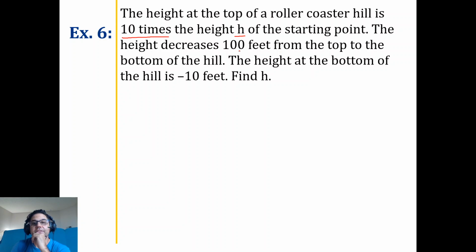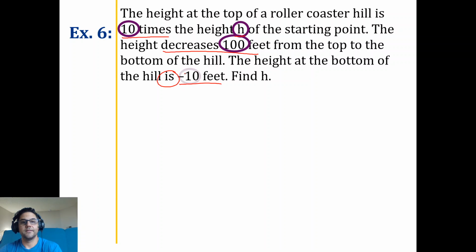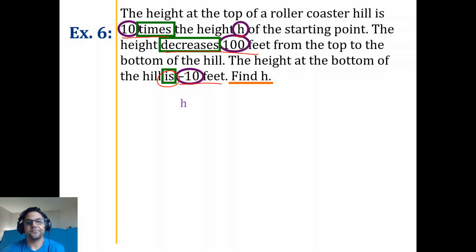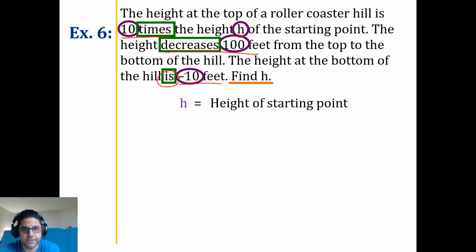The height decreases 100 feet from the top to the bottom. The height at the bottom is negative. Do you remember what "is" refers to? Let me see. So 10 times h. h is our starting point.